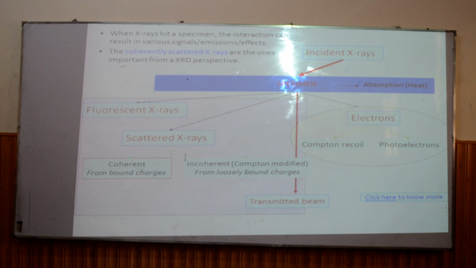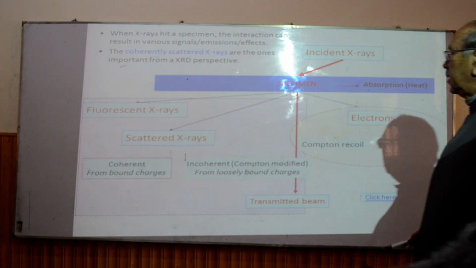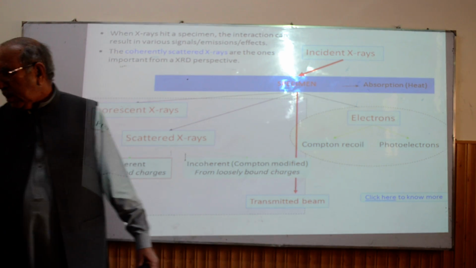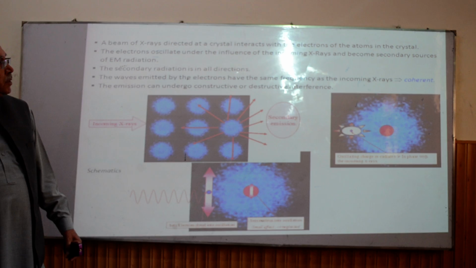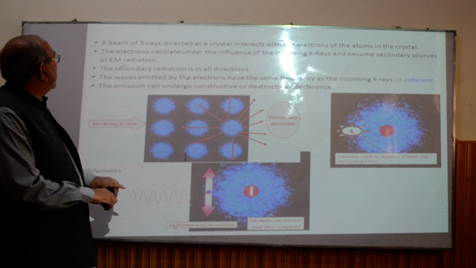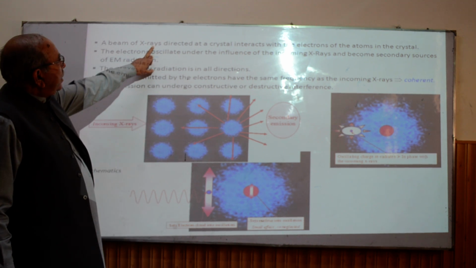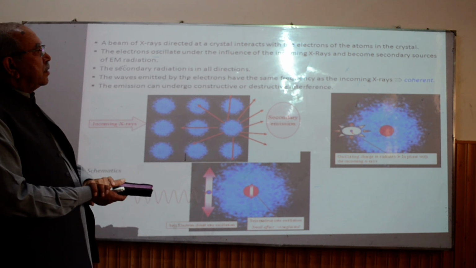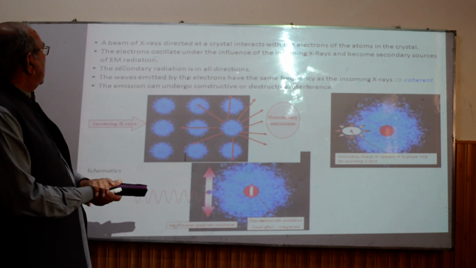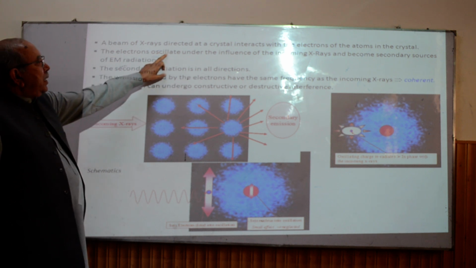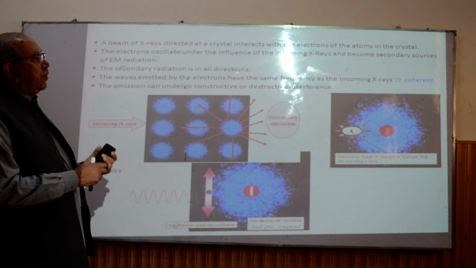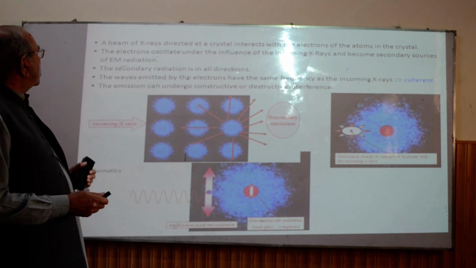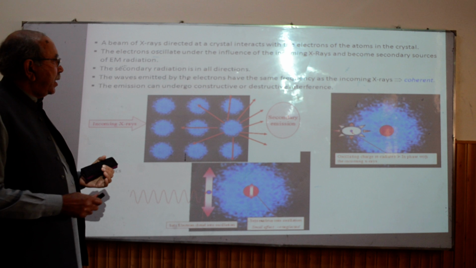And you know what specimen means. Specimen means it consists of atoms, and the interaction of this radiation is with the atoms. You can see here, a beam of X-ray directed at a crystal interacts with the electrons of the atom in the crystal. The electrons oscillate under the influence of incoming X-rays and become the secondary sources of electromagnetic radiation.